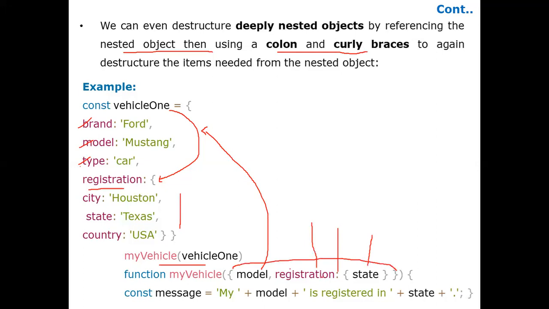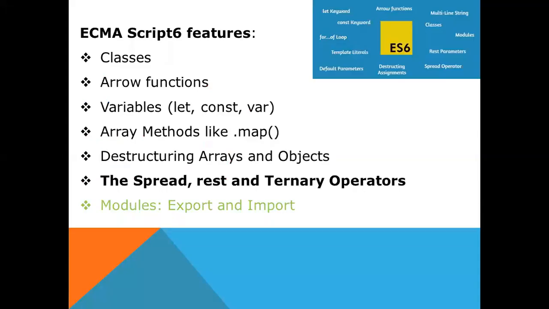After reading whatever attributes you want from the main object, follow with the nested object name, colon, curly braces. Like this, we can access it. We can directly access the model and directly access the state, again with no need for any dot operators. Even though you are accessing nested objects, we can access them directly, because we already mentioned the nested object name, colon, curly braces.